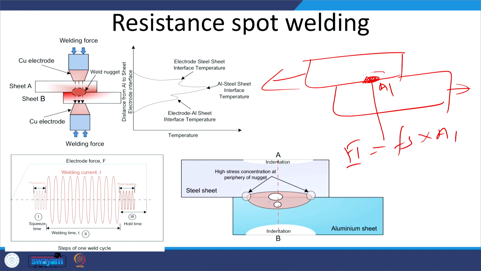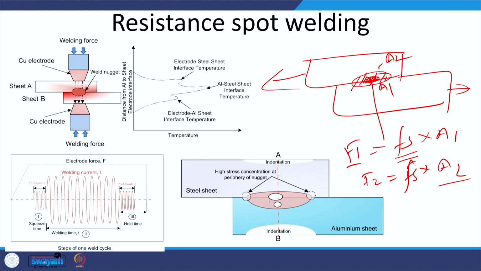If this area is increased, then for a given material Fs is fixed, A1 becomes A2 and F2 will be Fs multiplied by A2. A2 will be greater. So the nugget area is the main factor in spot weld joints that determines the joint strength, especially when it is sound.